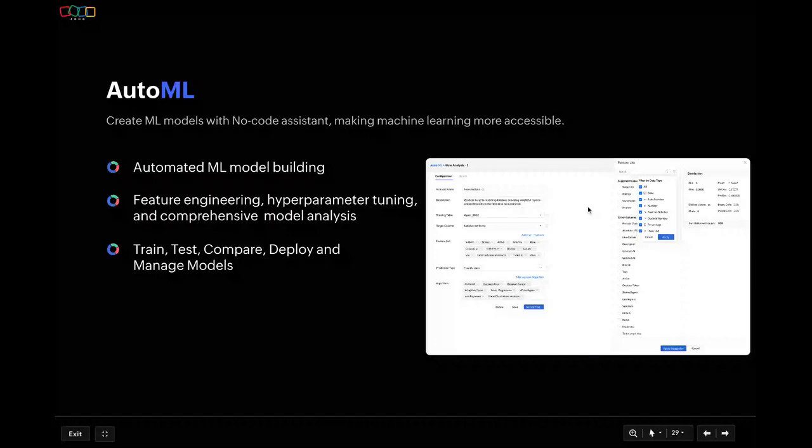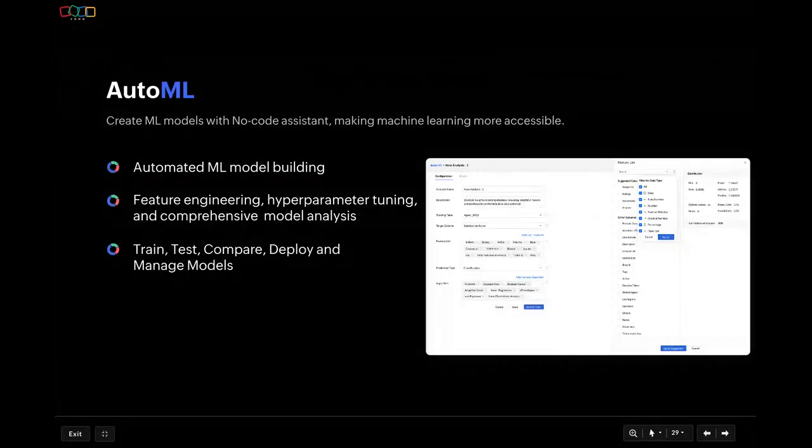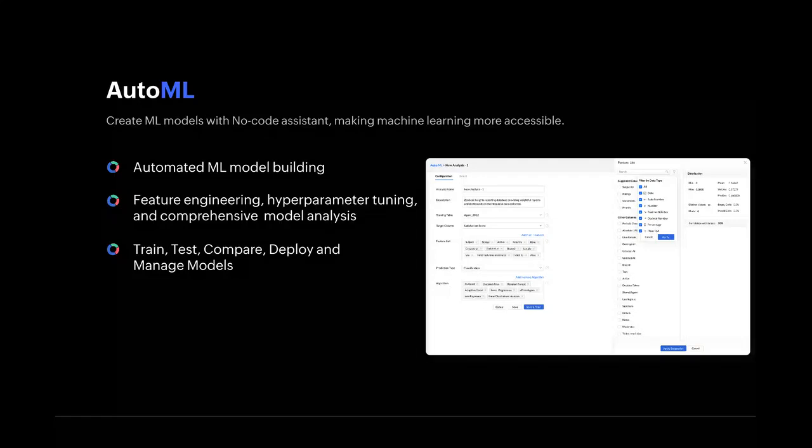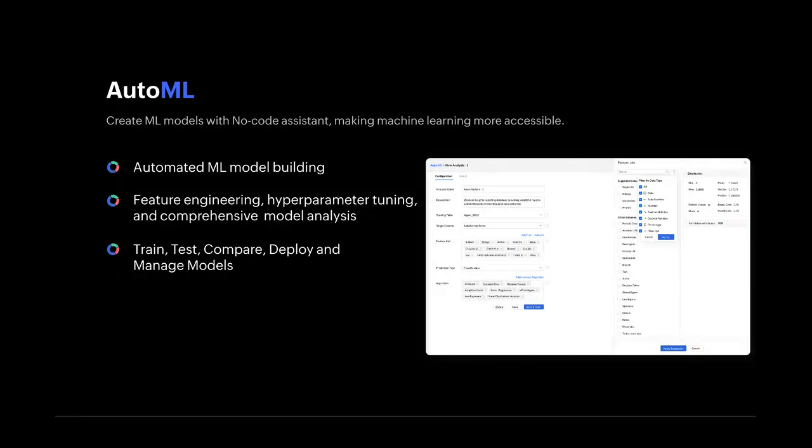First, we're introducing AutoML, a no-code assistant that allows you to build ML models without needing to write any code. This automated machine learning framework enables you to train, test, compare, deploy, and manage models. It also allows you to perform feature engineering and conduct parameter tuning. If you have a basic understanding of how ML works, you'll be able to use AutoML to create your own models easily.